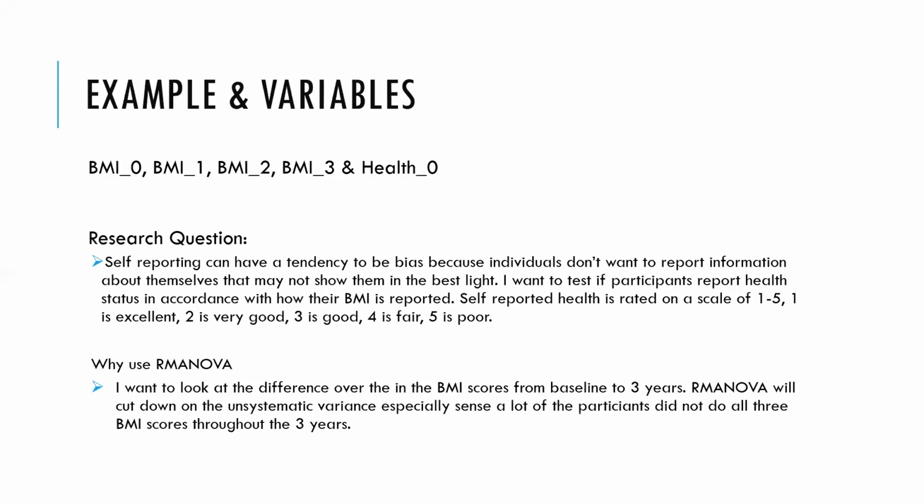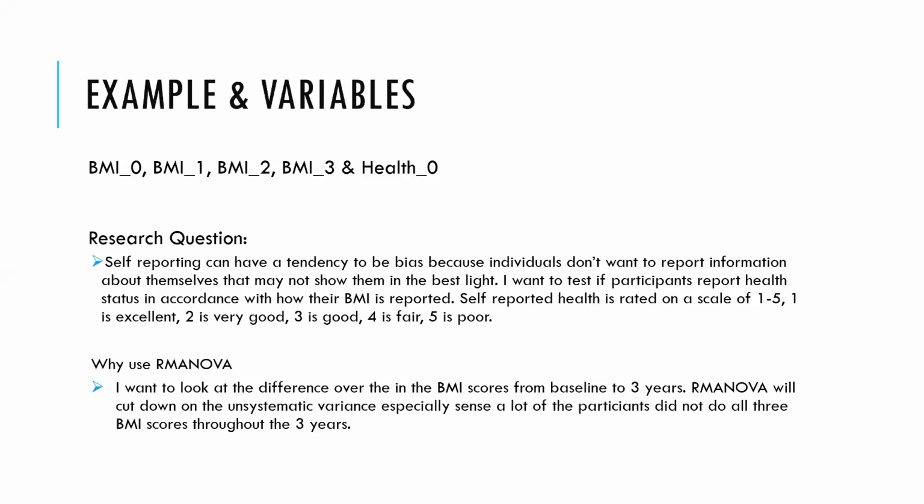For what I wanted to look at, the variables were BMI at baseline, BMI at 1 year, post 1 year, post 2 year, and post 3 year, and looking at that over self-reported health status. This was the research question that I came up with. Self-reporting can have a tendency to be biased because individuals don't want to report information about themselves that may not show them in the best light.